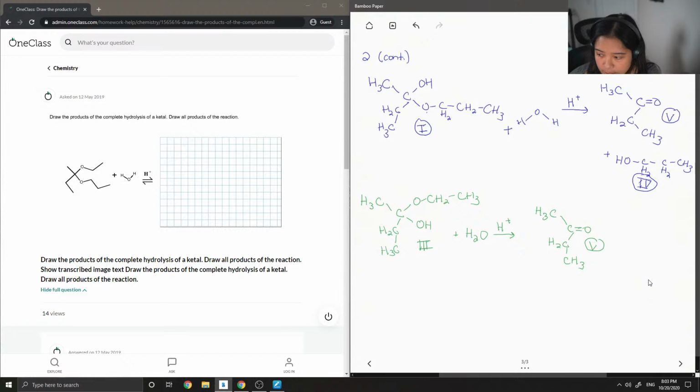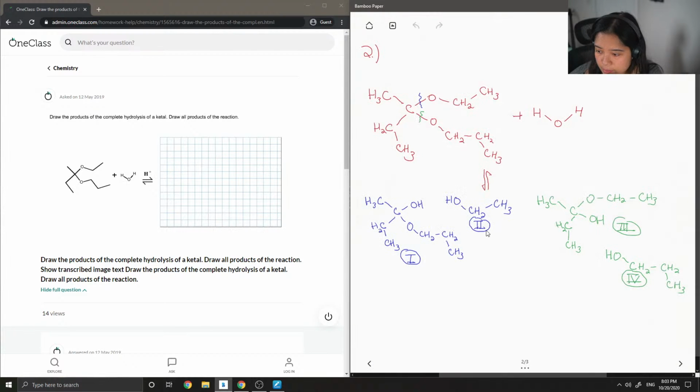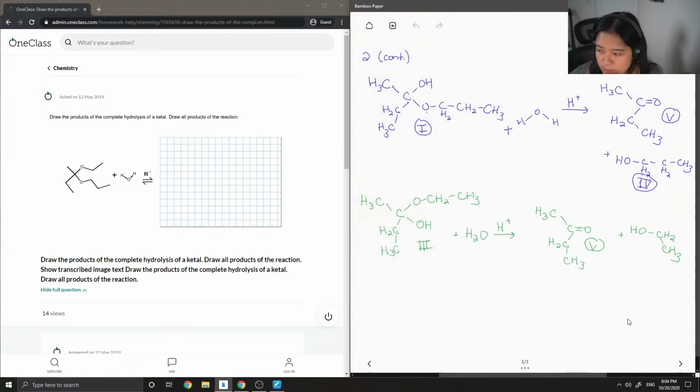And then the other alcohol that is formed as a byproduct is here. Then if we look at the previous page, this is the same thing as product number 2.